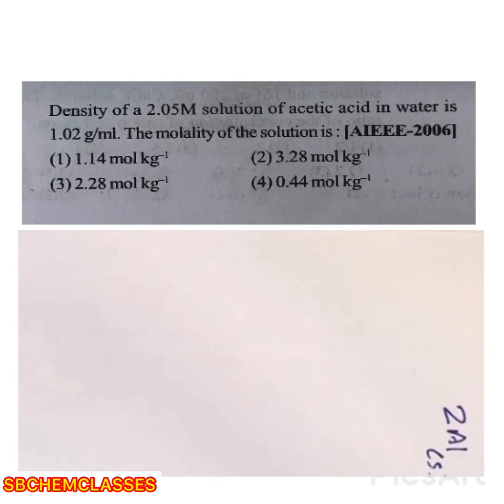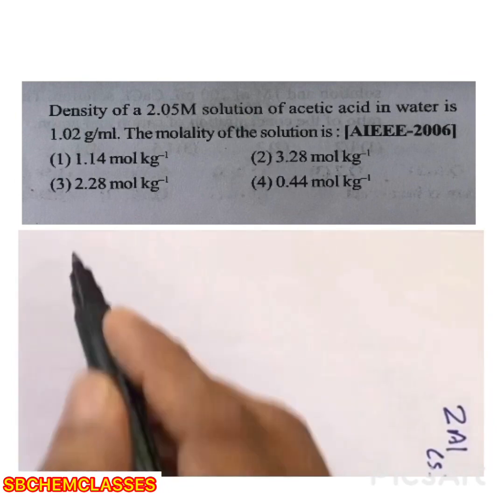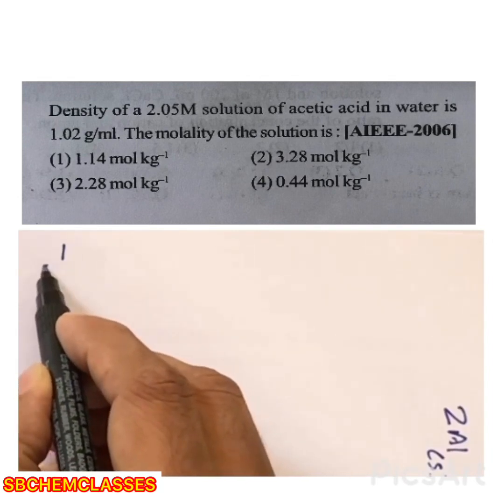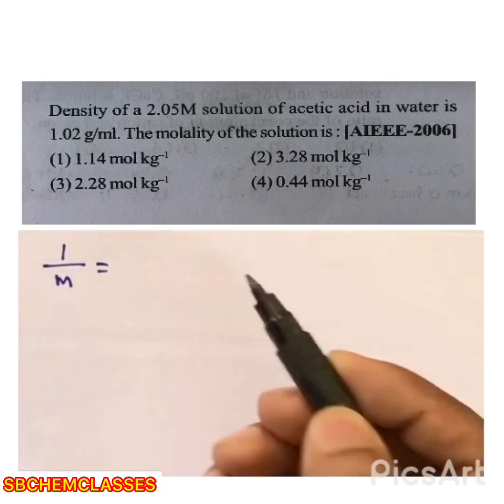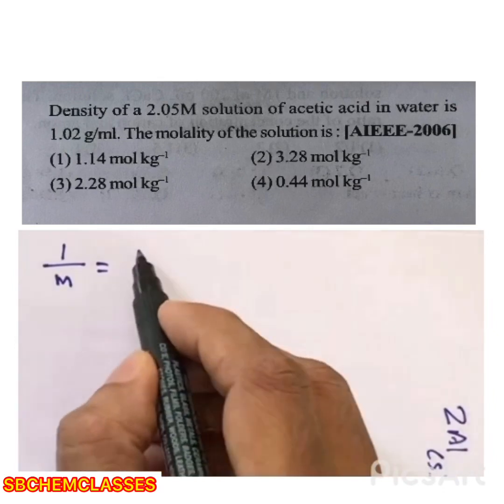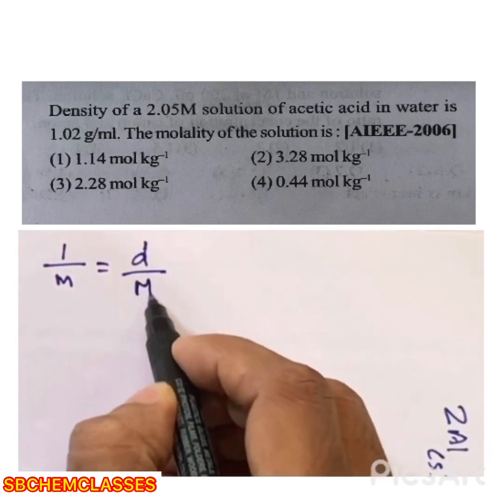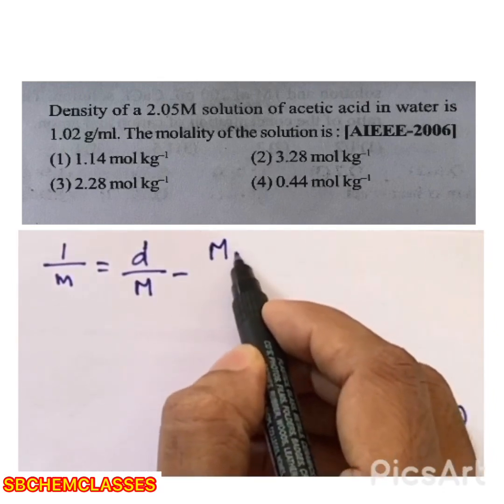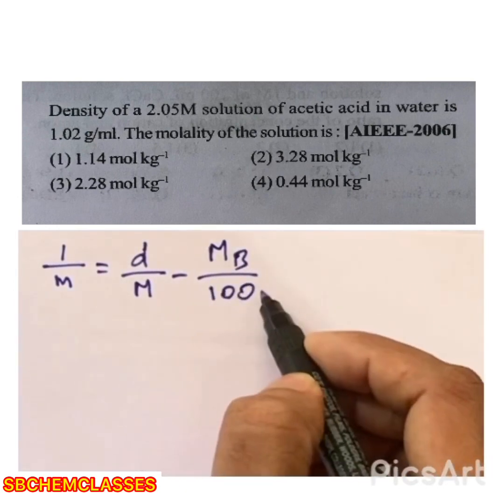Density of a 2.05 molar solution of acetic acid in water is 1.02 gram per milliliter. The molality of the solution is? Molarity is given, density is given, we have to find molality. We can use one equation: 1 by small m equals d by capital M minus mb by 1000.